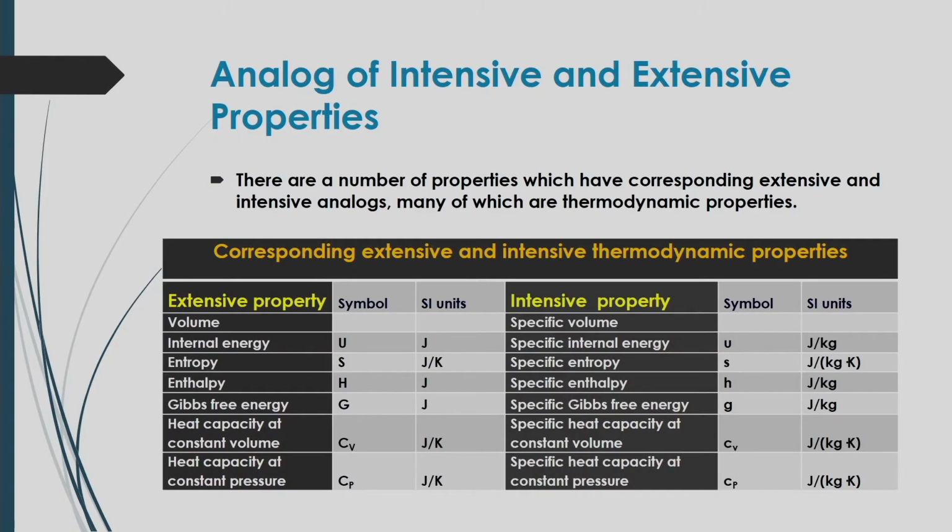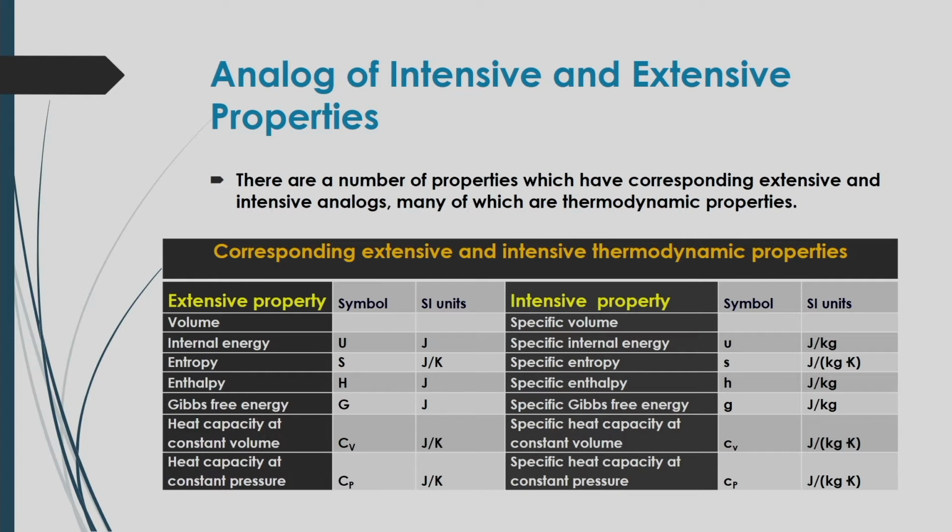So, some will be mass-based specific properties and some will be volume-based specific properties. Specific internal energy is defined by internal energy divided by mass. So, that is why internal energy is an extensive property, whereas specific internal energy is called an intensive property.